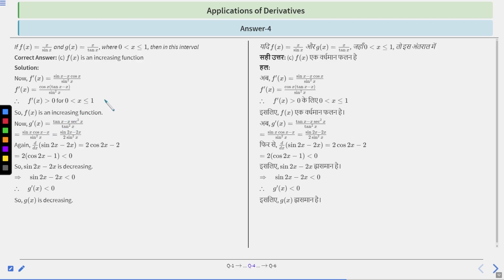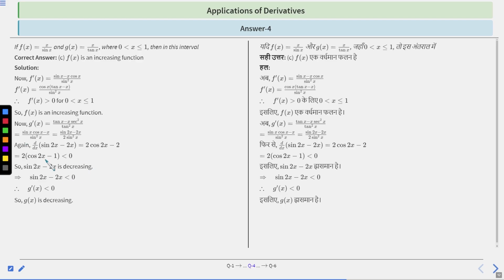Now let's move to g(x). Since g(x) is given as x upon tan x, g dash x is basically tan x minus x sec square x upon tan square x, which is equal to sin x cos x minus x upon sin square x, which is equal to sin 2x minus 2x upon 2 sin square x. Again, d upon dx of sin 2x minus 2x is equal to 2 cos 2x minus 2.